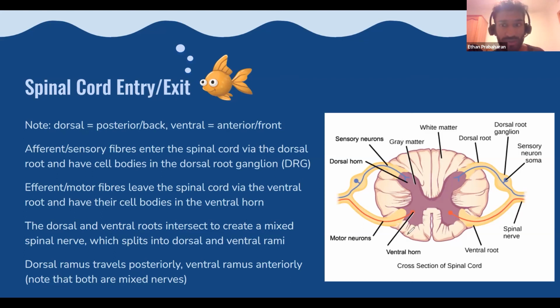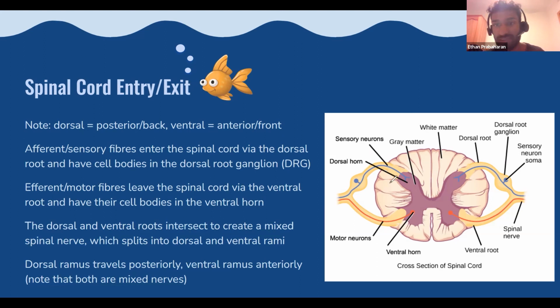Whereas motor neurons will have their cell body actually in the spinal cord, and they'll just run out through this area here, right?